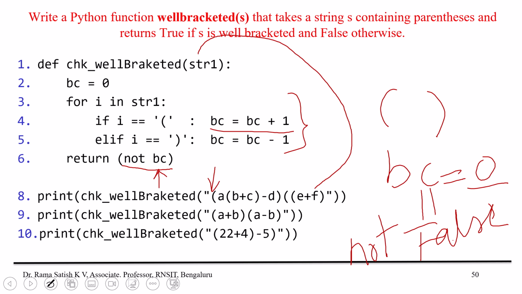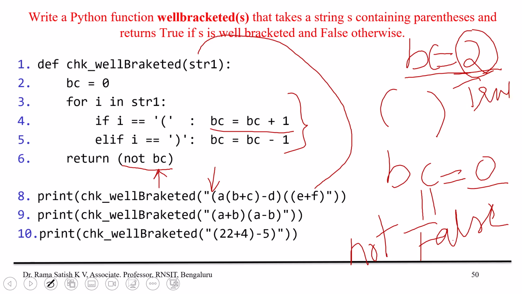True is sent. If BC is having some value, just imagine BC is having 2, that means 2 brackets are open but not closed. It is not well bracketed. But when you return this BC, it is something other than 0, so it represents a true value.